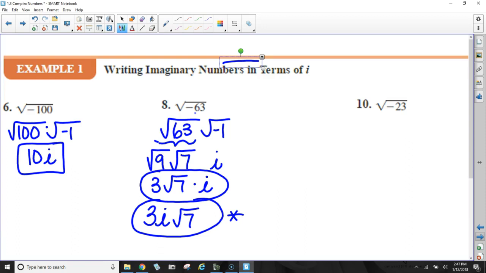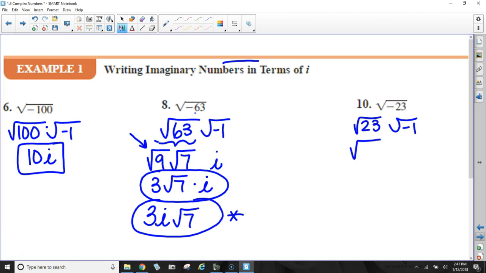On number 10, we've got the square root of 23 times the square root of negative 1 is how we break down the square root of negative 23. This time, 23 does not have any factors that are perfect squares. 63 had a factor that was a perfect square. 23 does not. 23 is prime.